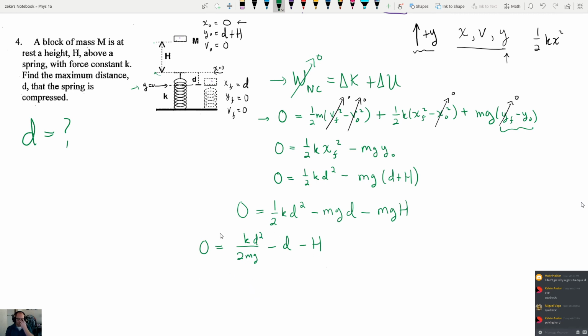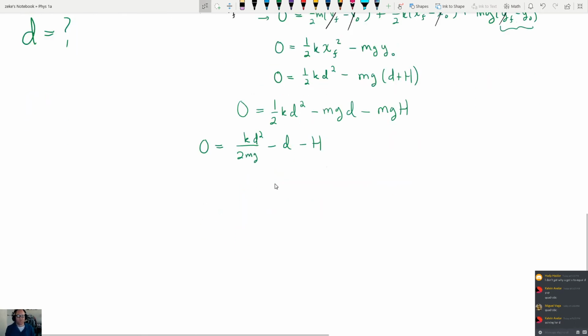I don't know if you all would find it useful to actually solve this with symbols. If we solve it with symbols, it's going to look something like this.